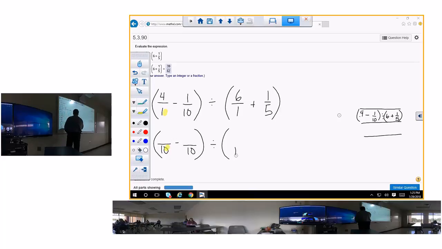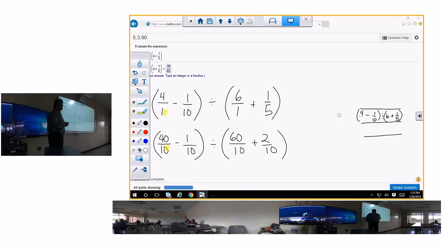I put 10s all the way across, and then I start to convert. 1 will go into 10 how many times? 10 times. 10 times 4 is 40. 10 will go into 10 one time. 1 times 1 is 1. 1 will go into 10 10 times. 10 times 6 is 60. 5 will go into 10 2 times. 2 times 1 is 2. Now you can do your subtraction and your multiplication. They're in parentheses, so it really doesn't matter when you do it. You could do the plus first, and it doesn't matter because they're in their own little world.